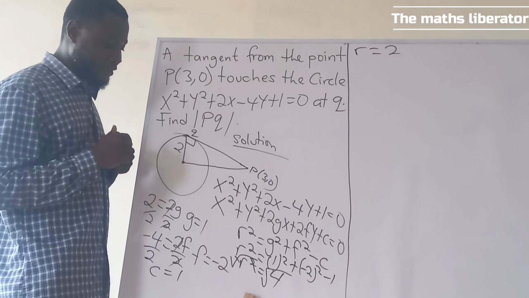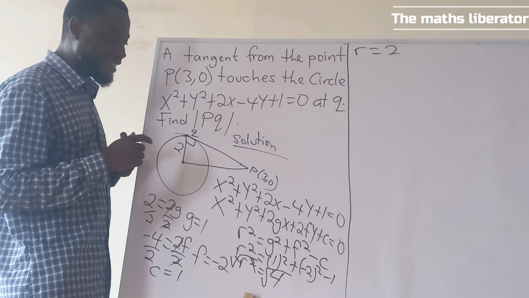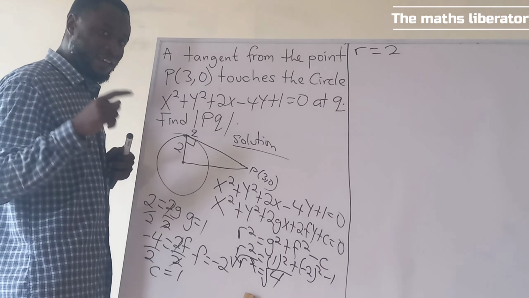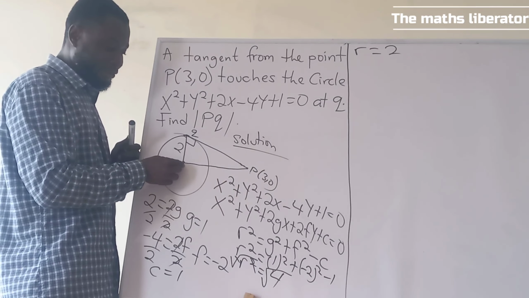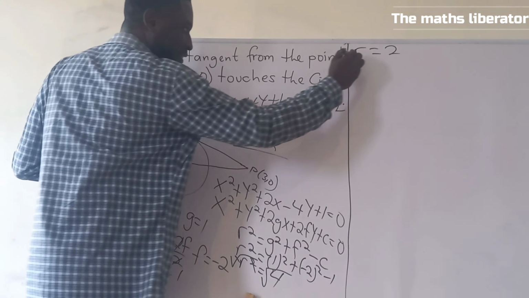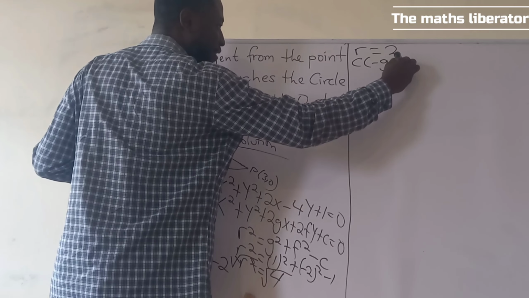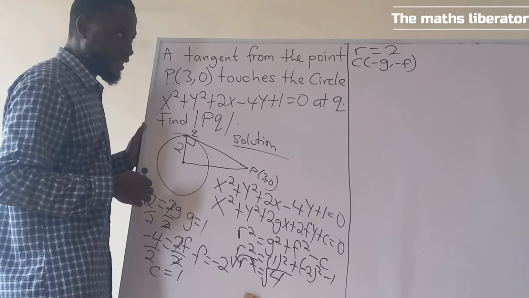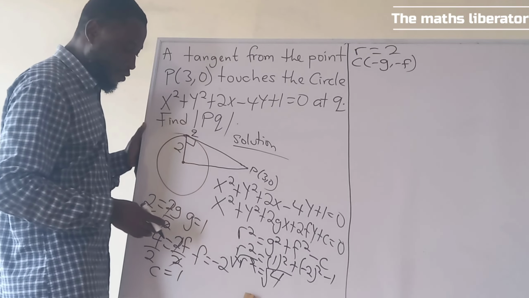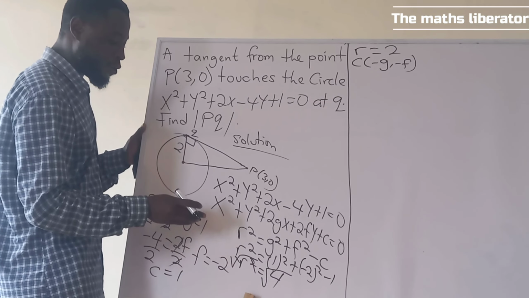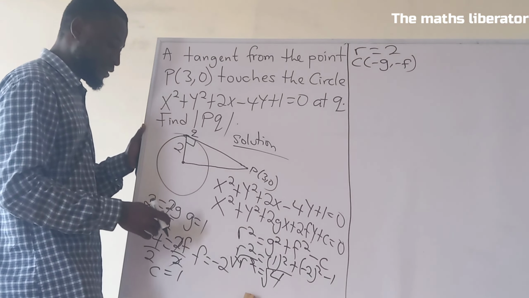After getting the radius, I can find the center from the equation of the circle given. Remember, the center is in the form negative g, negative f, meaning the value I get for g, I have to negate it, and the value I get for f, I also have to negate it.